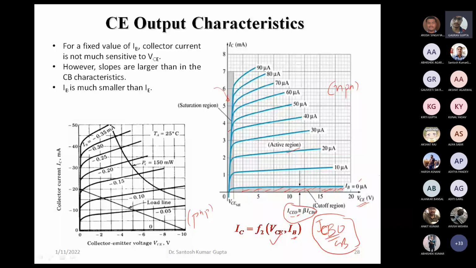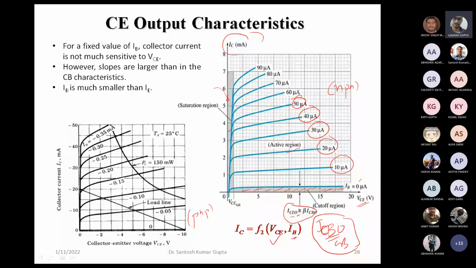And one more thing here, we can see that as IB is changed to different values, the current IC increases rapidly as IB increases.